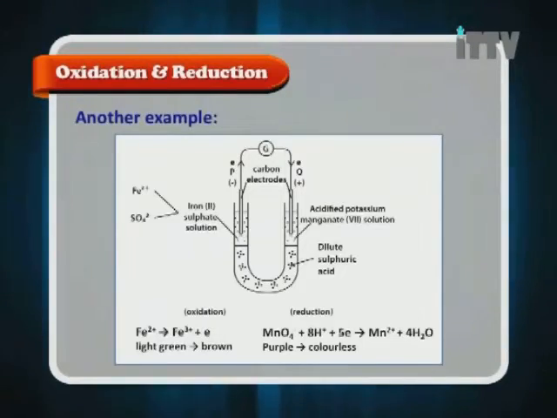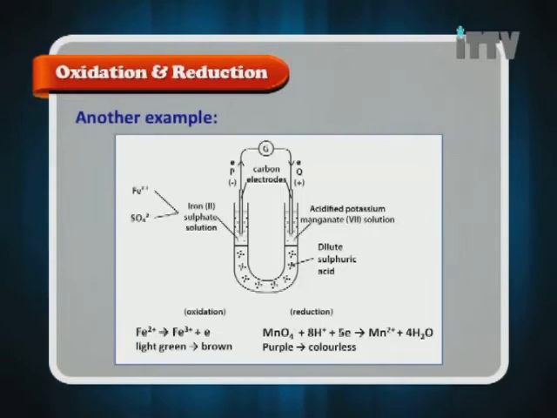So let's look at another example, where in one tube, iron(II) sulfate solution was added, whereas in the other arm, acidified potassium manganate(VII) solution was added. And the dilute sulfuric acid was also added to separate the two solutions and to allow the flow of ions to pass through.